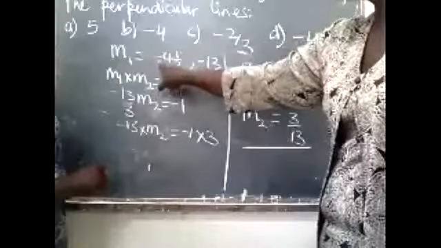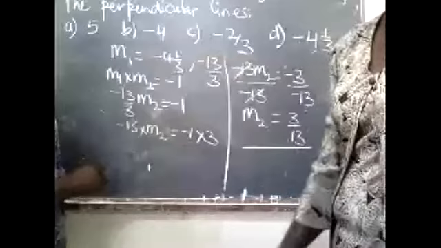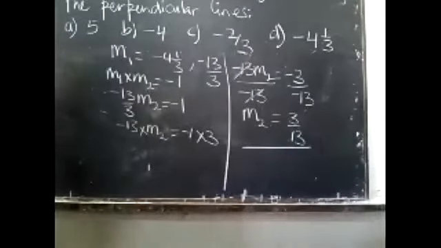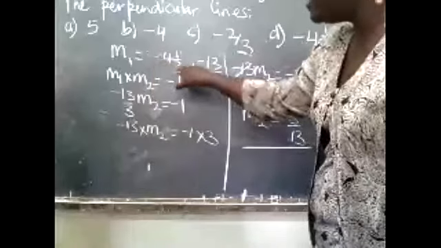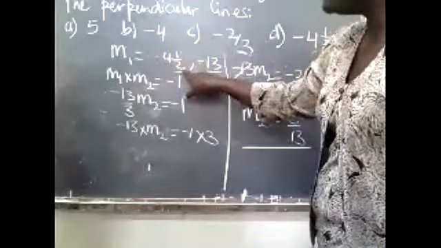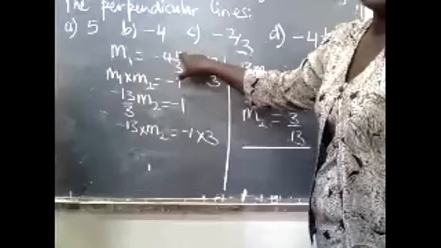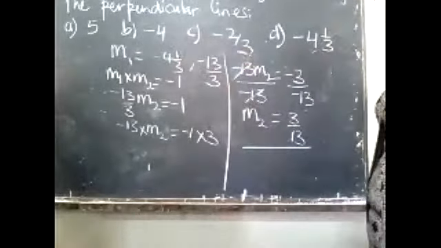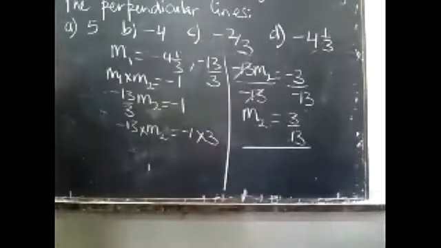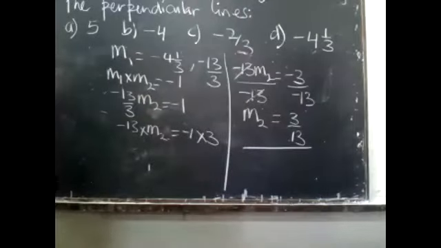So you leave out the negative completely. It is 4 times 3, which is 12, plus 1. So it is negative of what you've converted. Okay, now I understand why they were getting different answers. So thank you, Mr. Sekaita.